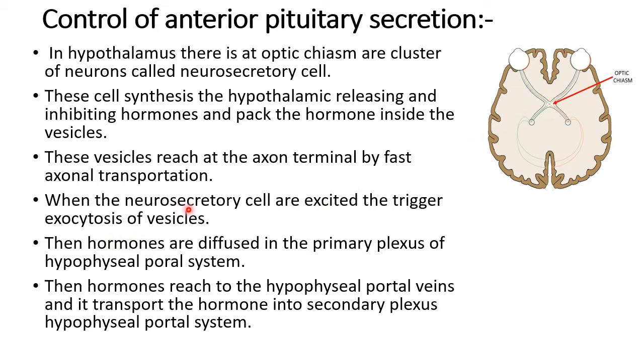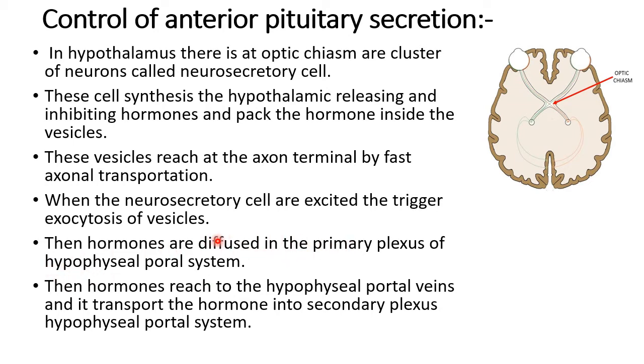When these neurosecretory cells are excited, they trigger the exocytosis of vesicles. Exocytosis means the hormone is released out of the vesicle. Exo means out. These hormones diffuse into the primary plexus of the hypophyseal portal system.